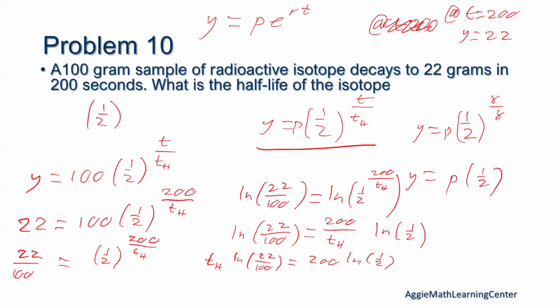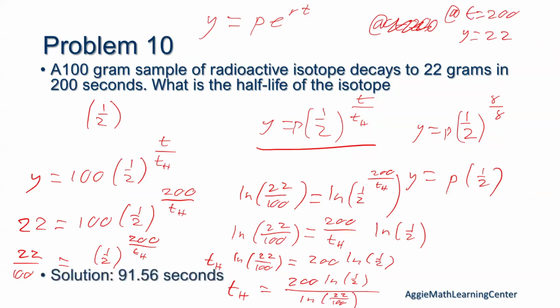And then you divide, so t sub h equals 200 ln of 1/2 over ln of 22 over 100. If you plug that into your calculator, you get 91.56.